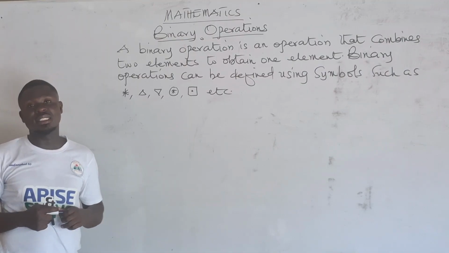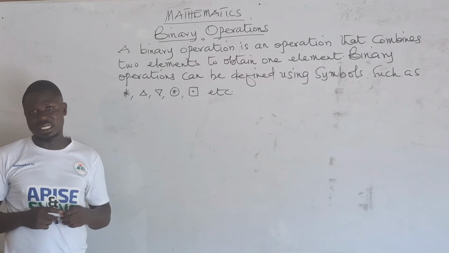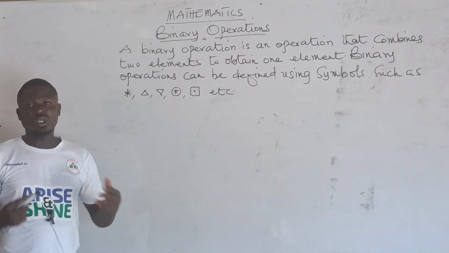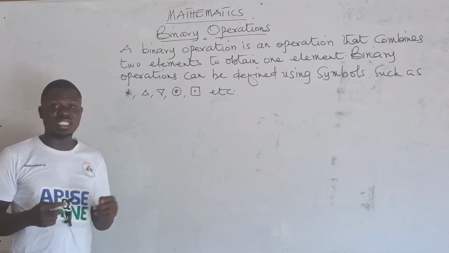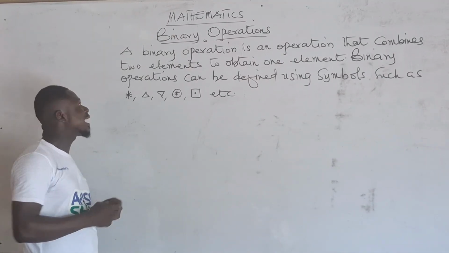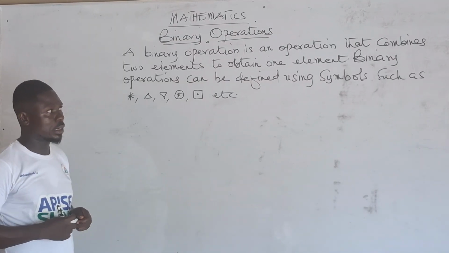In today's lesson, we're going to look at a particular topic under mathematics, that is binary operations. When we say a binary operation, what does it mean? A binary operation is an operation that combines two elements to obtain one element.